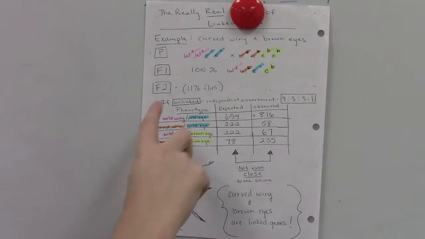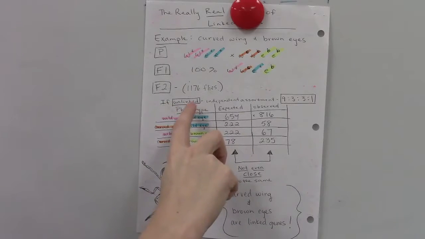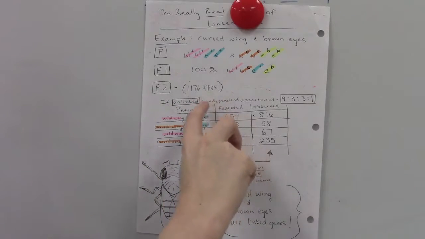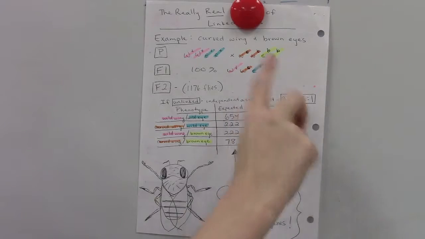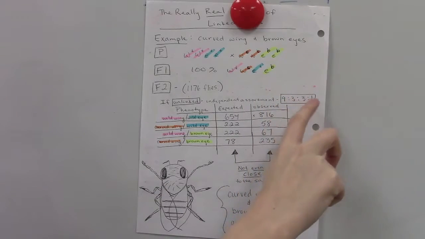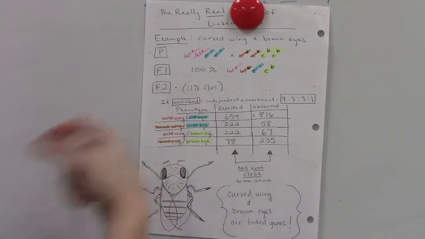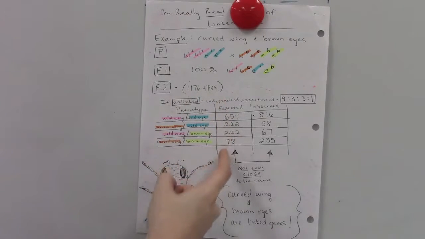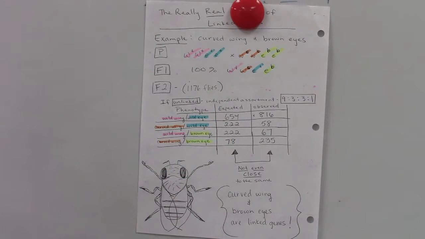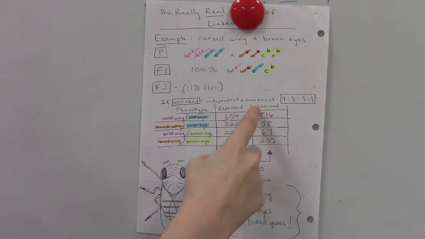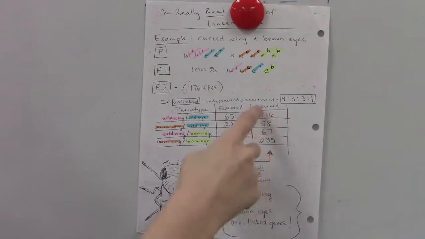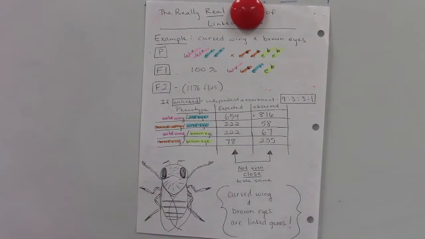if these are unlinked genes, we would expect typical independent assortment to come up with that 9:3:3:1 ratio. That's what we would expect. And so if we had 1,176 flies, those are the expected values that I put in there. However, perhaps in fact, we would observe these very different and strange numbers.